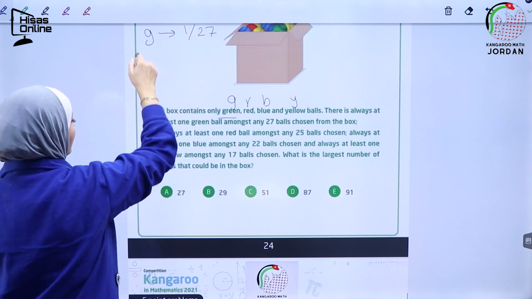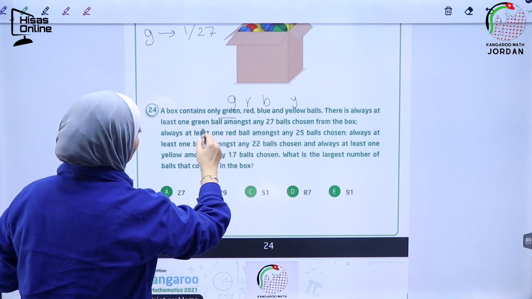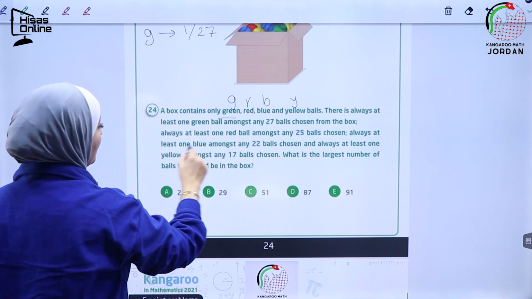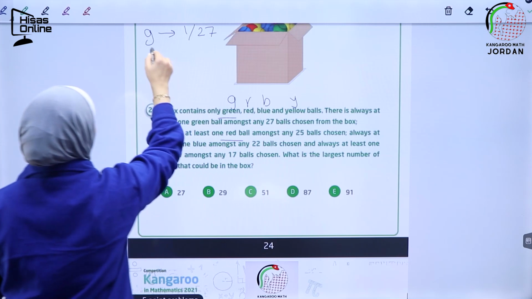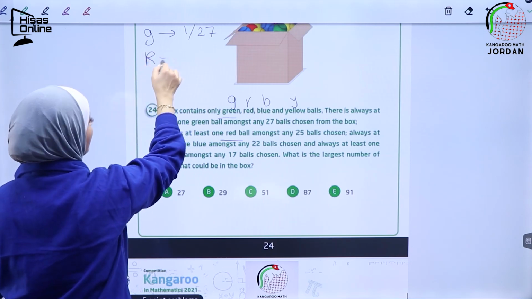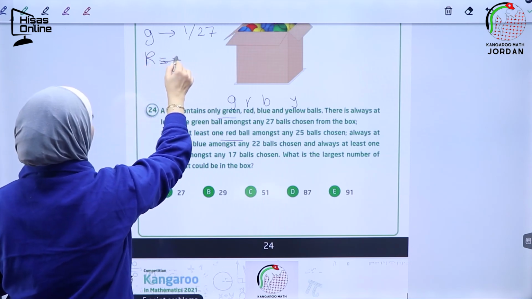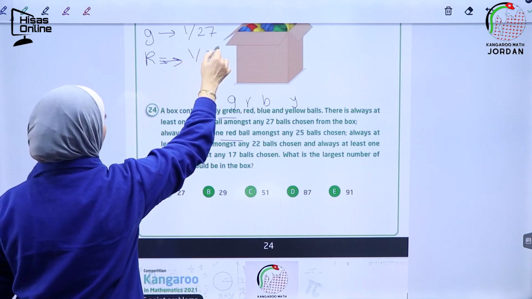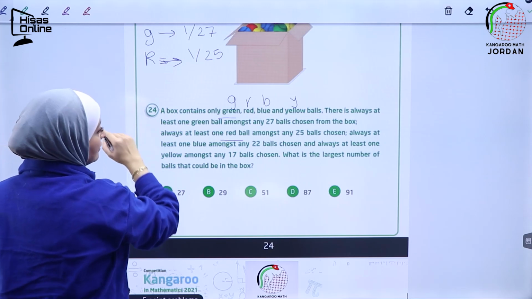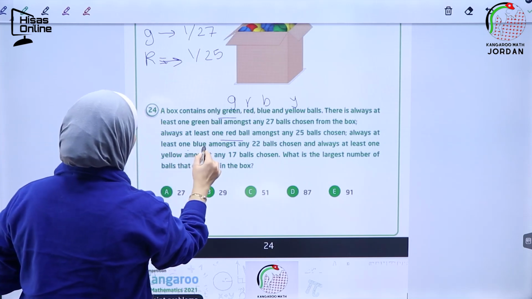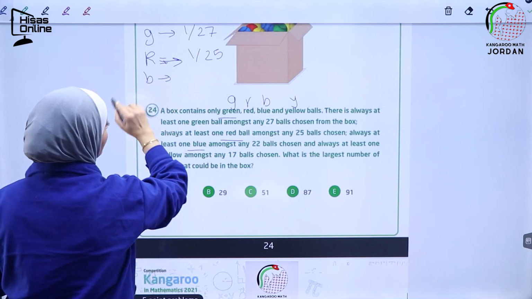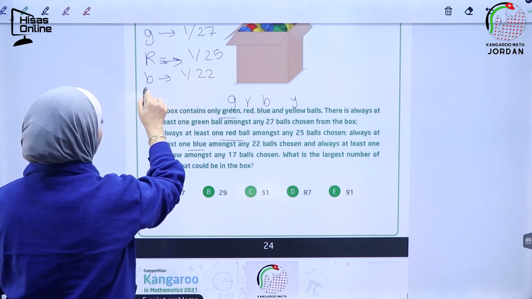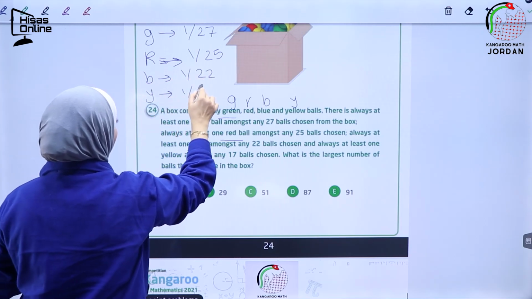We'll write a ratio: red is 1 out of 25, blue is 1 out of 22, and yellow is 1 out of 17.